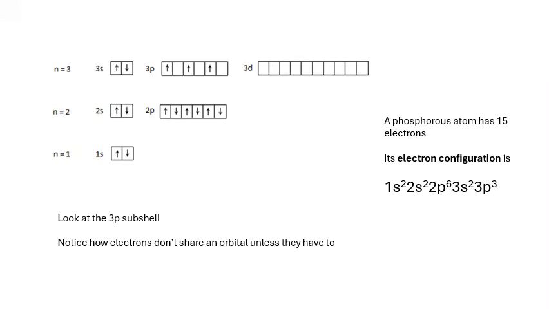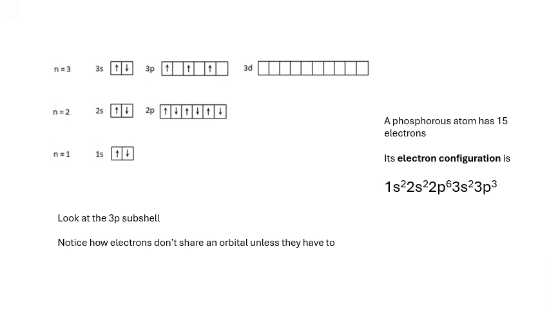Now here's another one, phosphorus. Phosphorus has got 15 electrons. If we look at the diagram first, 1s2, that's filled up, 1, 2. 2s2, that's filled up. 2p is filled up. 3s is filled up. But 3p, look at the arrows. This is people not wanting to sit next to each other on the bus.